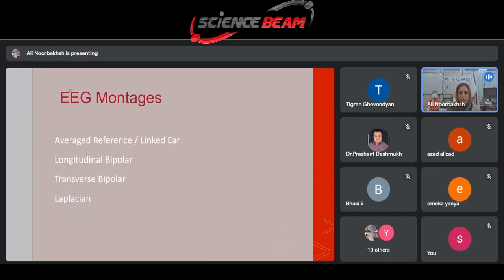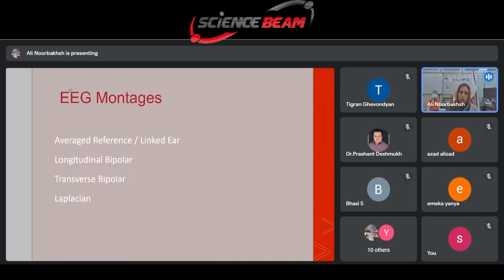Montages are logical, orderly arrangements of electroencephalographic derivations or channels that are created to display activity over the entire head and to provide lateralizing and localizing information.